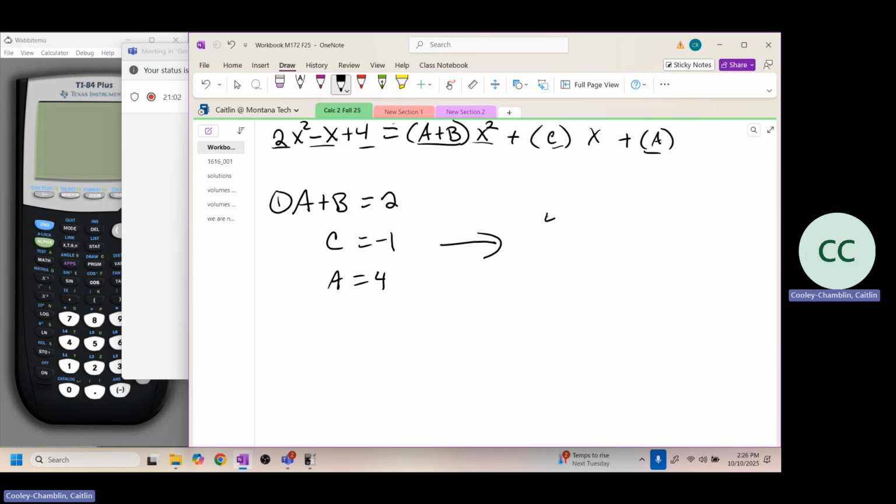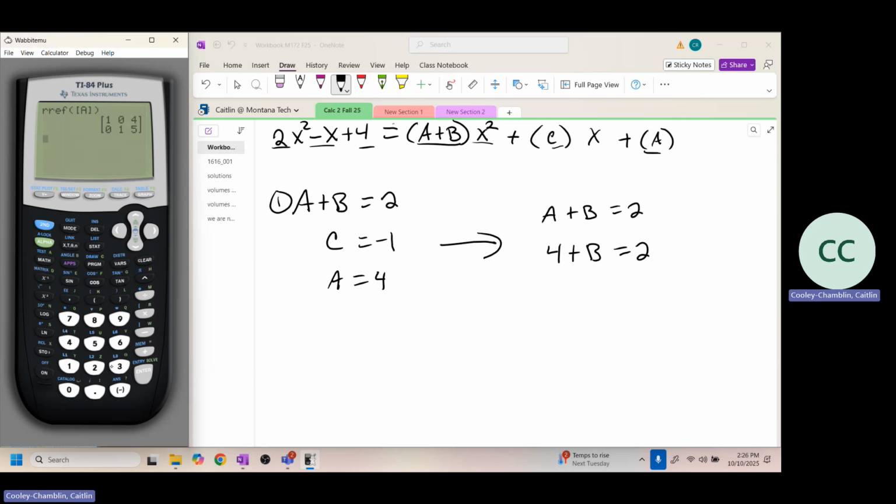Let me rewrite the equation so we know what we're talking about here. We have A plus B equals 2. My A equals 4. So 4 plus B equals 2. So subtract the 4 on both sides. Don't judge me. 2 minus 4 is -2. So B equals -2.